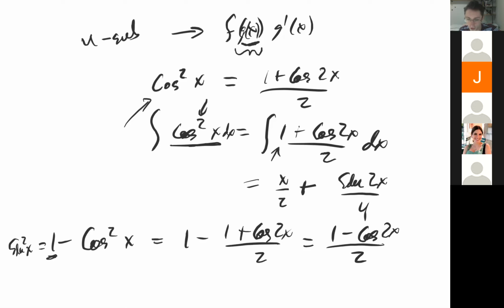You should know these two formulas, or at least one of them, and then you can derive the other one easily. Let me show you an example of trig substitution. I needed to give you the double angle formulas first, otherwise it wouldn't have made too much sense.